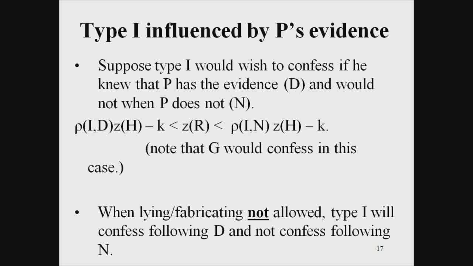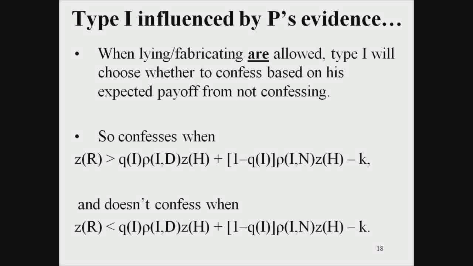And then when lying or fabricating are allowed, the innocent type's just going to use expected payoffs, right? Because the innocent type doesn't get any information from what the police say, but can think about, well, how likely is it they have this evidence, given that I'm innocent, right? And that's what the Q specifies in the expected payoff over there, right?